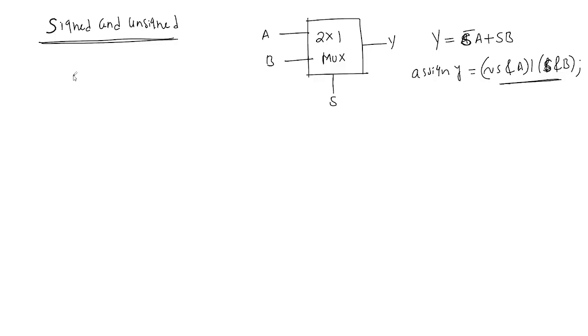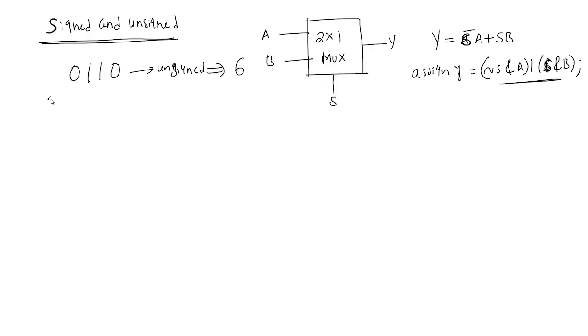Suppose 0 1 1 0 is there. If it is an unsigned number, it is defined as normal 6.